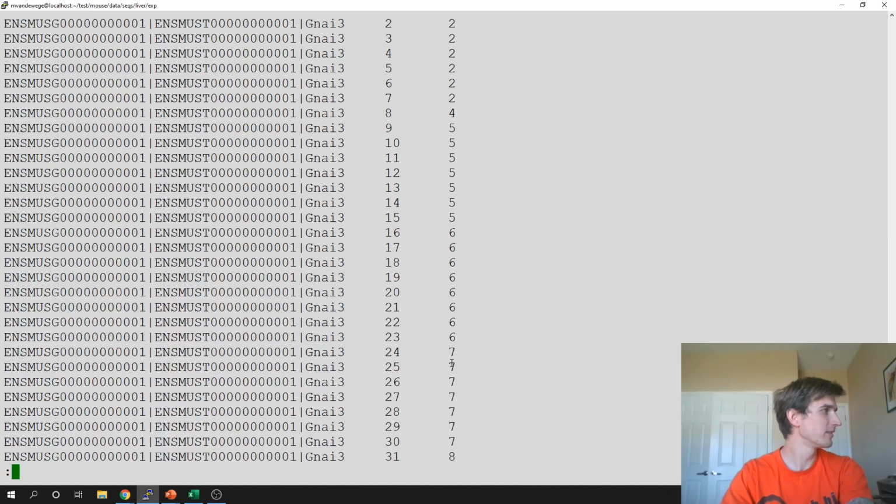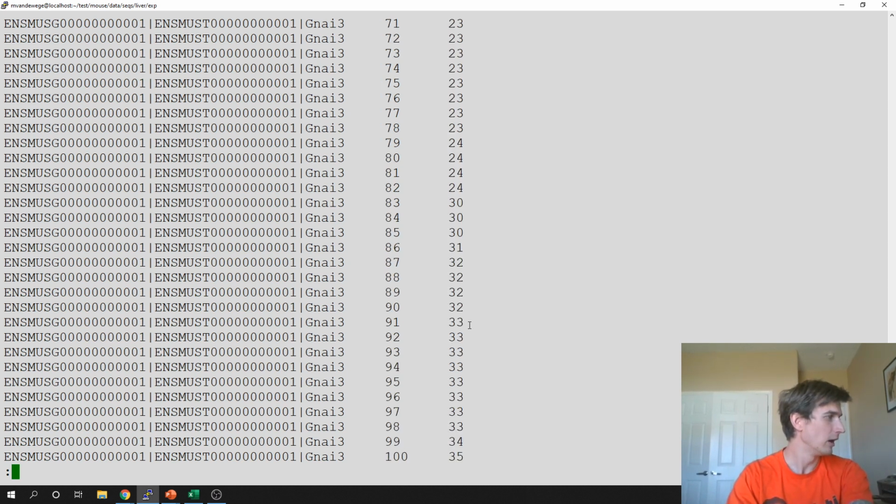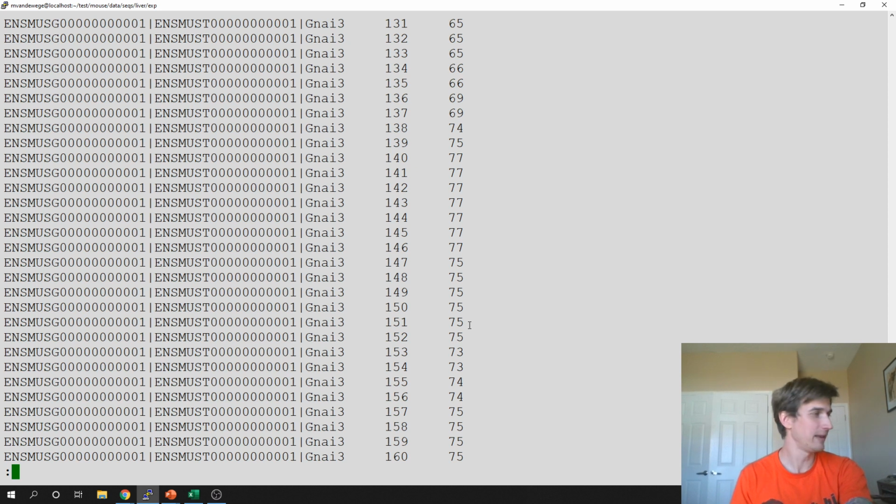All right, so looking at this gene, GNAI3, at base pair 2 there were 2 reads that mapped to this base. At base pair 10 there were 5 reads. At base pair 22 there were 6 reads, et cetera. Throughout this entire sequence, it tells us for every single base how many reads overlap that specific position.